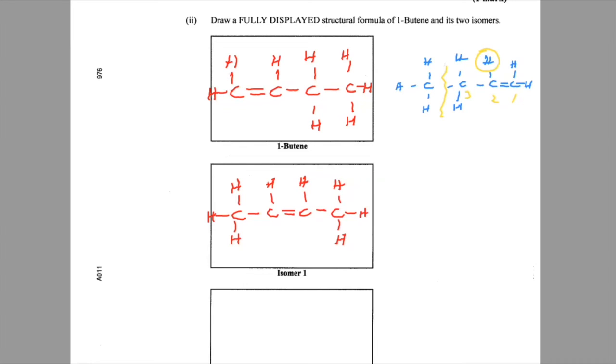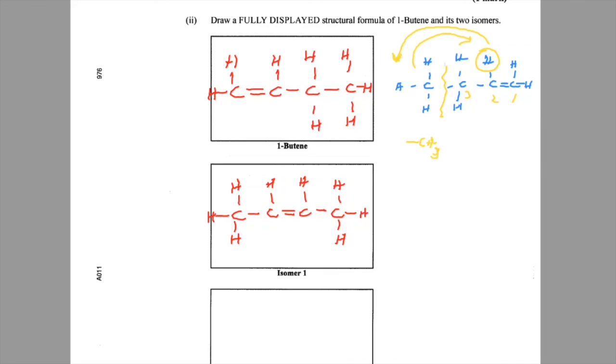We're going to take this methyl group, by which I mean the CH3 group right here, and trade places with the hydrogen. That will give us a new form, same molecular formula of C4H8, but the atoms are arranged differently in space.